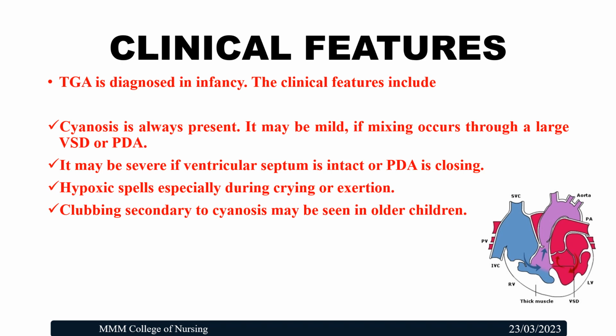It may be mild if mixing occurs through a large VSD or PDA. It may be severe if the ventricular septum is intact or the PDA is closing. Hypoxic spells occur, especially during crying or exertion of the baby. Clubbing secondary to cyanosis may be seen in older children.